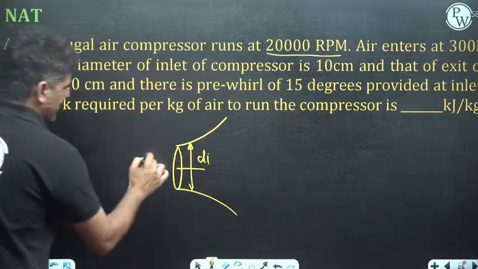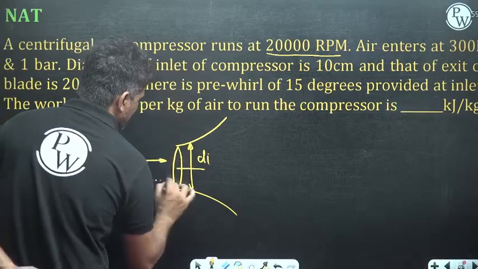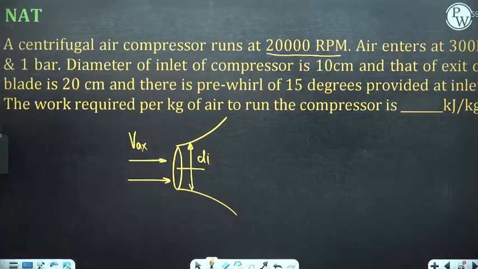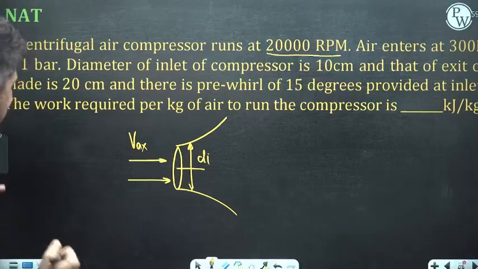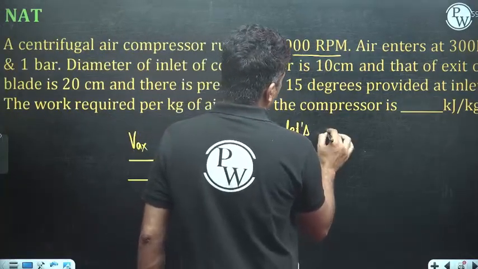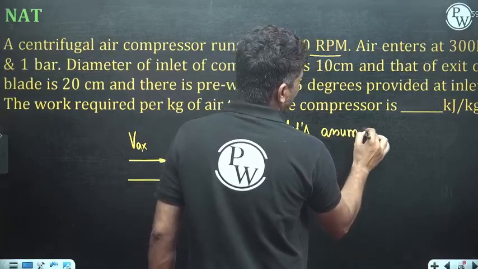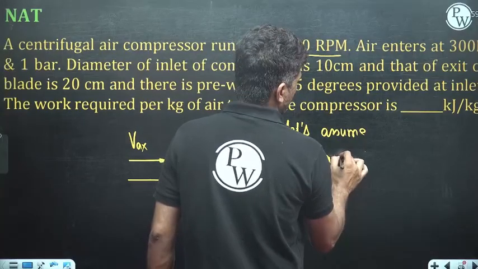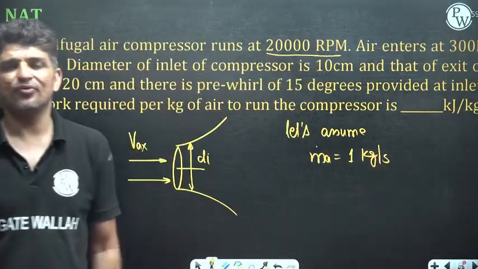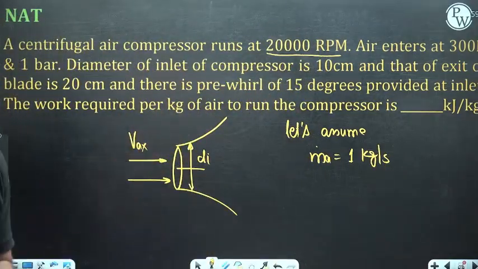Can you tell me whether he has given you the axial velocity at entry? How do we say? Let's assume that the mass flow rate of air going inside is 1 kg per second.